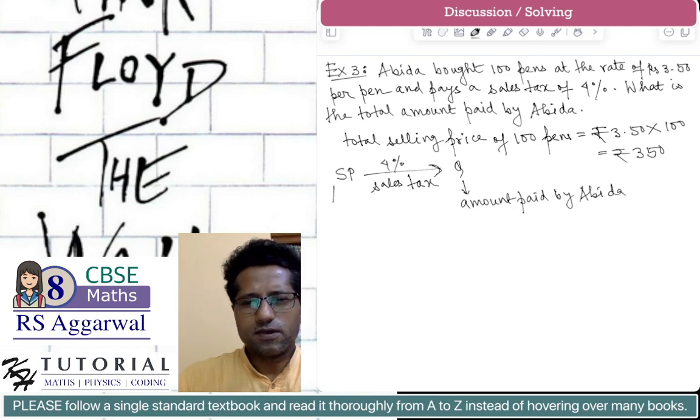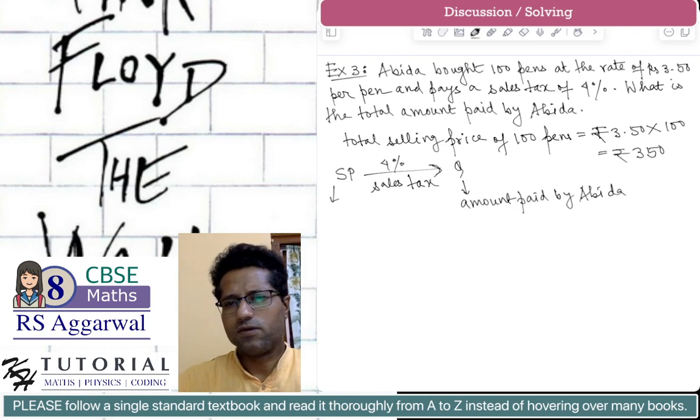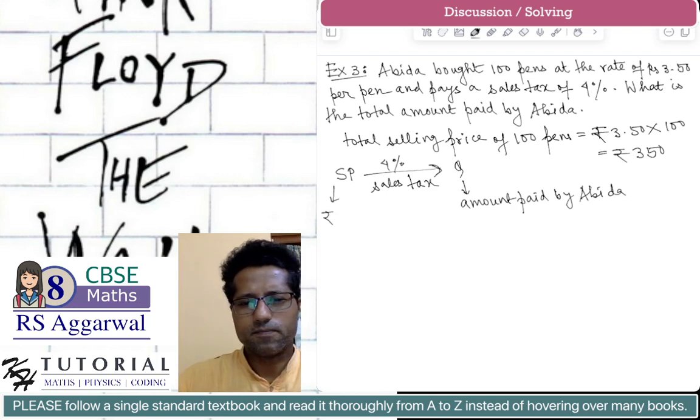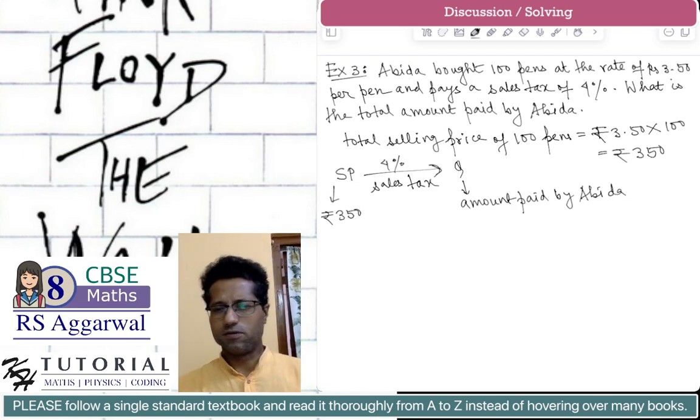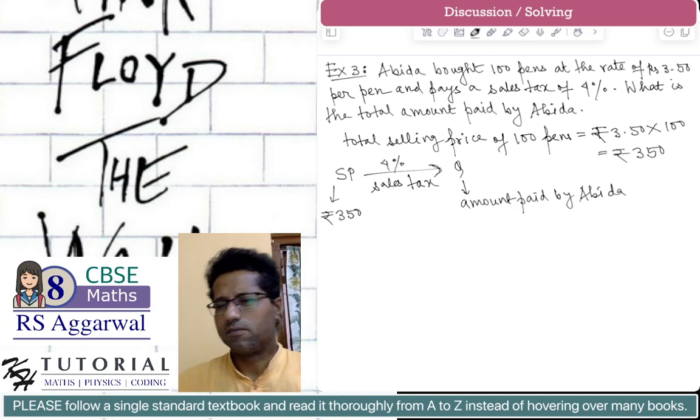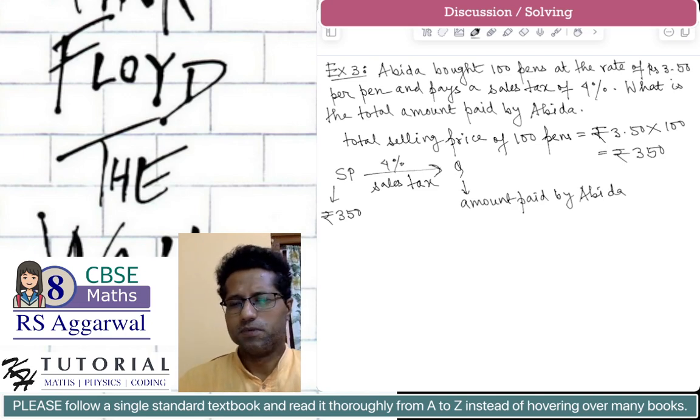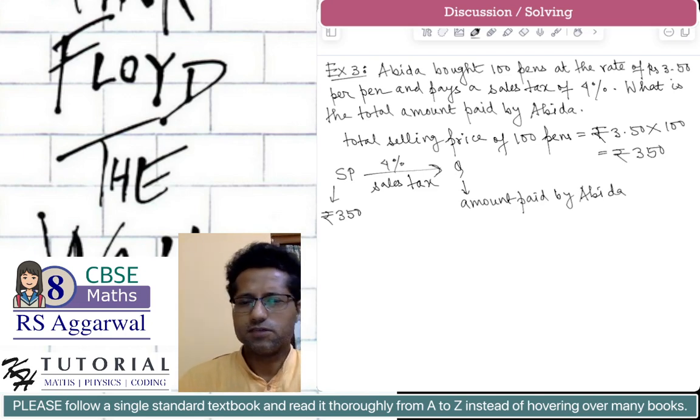Okay, and the selling price of the 100 pens is rupees 350 based on the price per pen, which is given to be rupees 3.50 per pen. Hence the price of 100 pens will be rupees 350, which is basically the selling price of 100 pens by the shopkeeper.